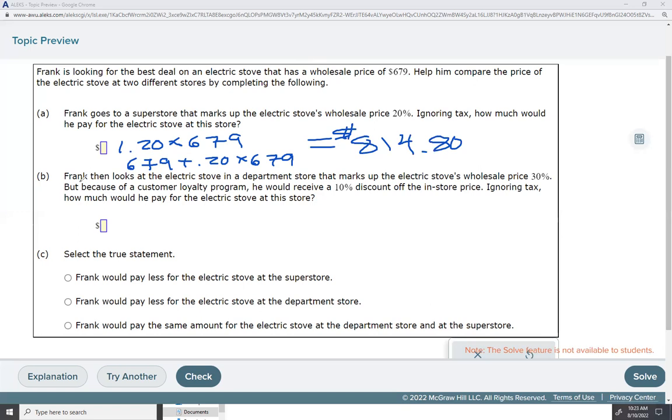Okie dokie. So Frank then looks at the electric stove in a department store that marks up the stove's wholesale price 30%. But because of a customer loyalty program, he would receive a 10% discount off the in-store price. Ignoring tax, how much would he pay?